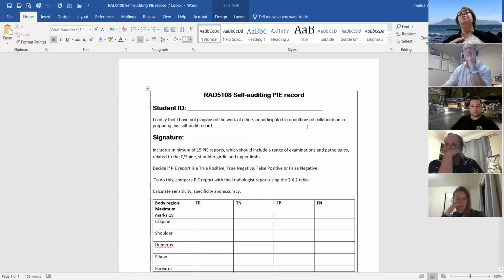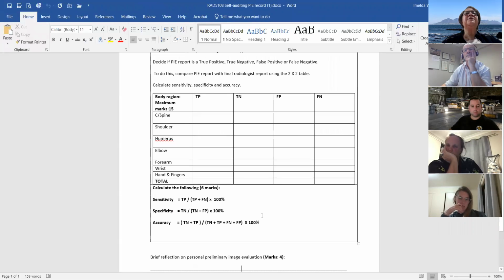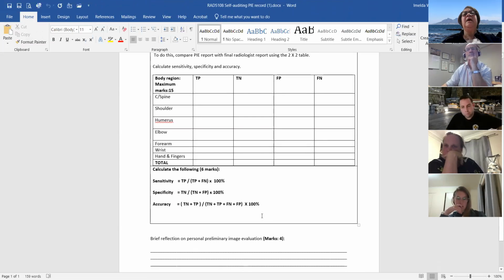So what we're looking for is your integrity, and that this is going to be your own work. So it's about that PIE record that you need to produce and writing up of the cases. And I've just given a summary again of all of the stuff that I have mentioned, and how you then in this form write it up, add rows, work out the sensitivity and the reflection.